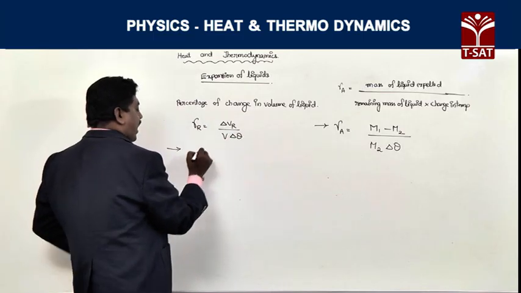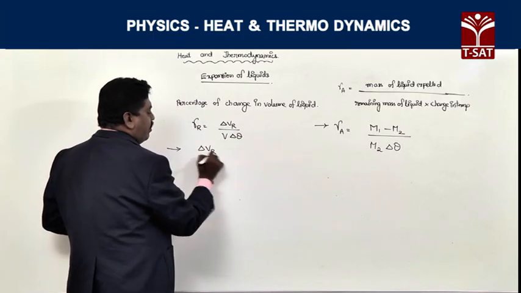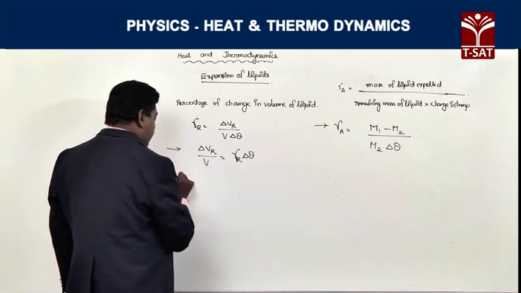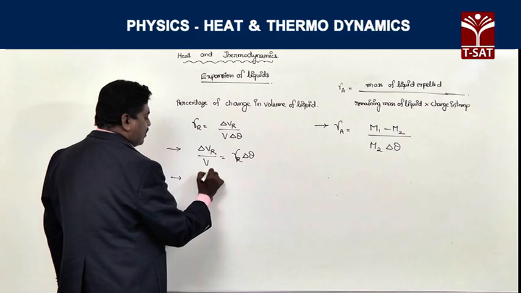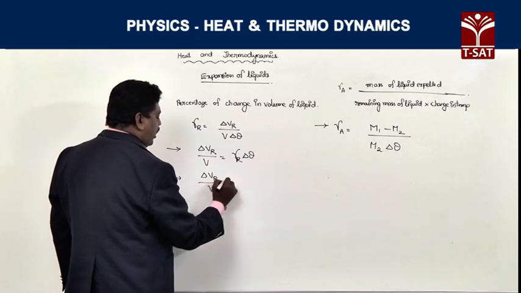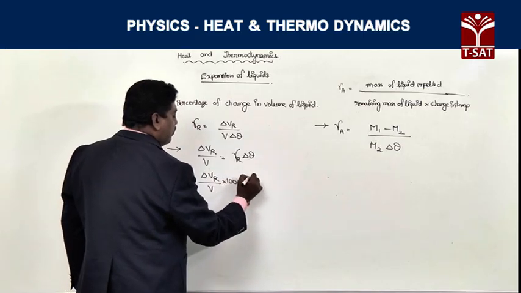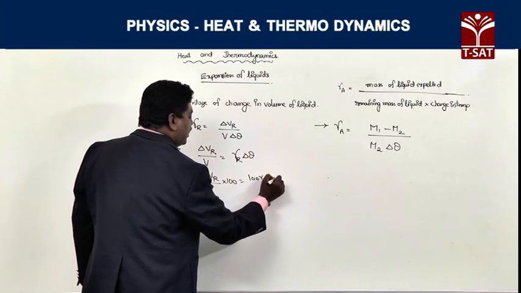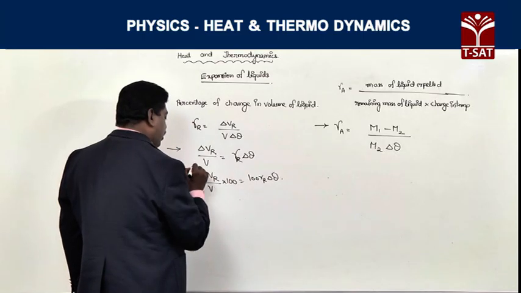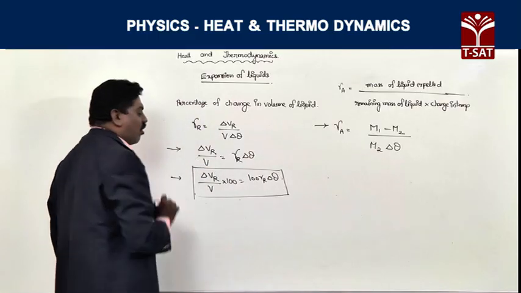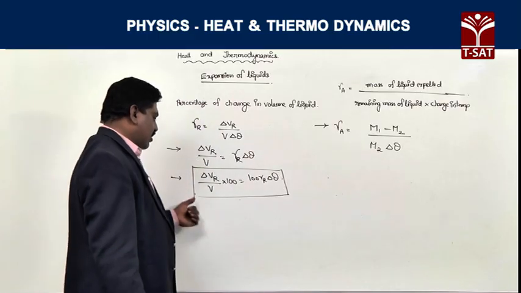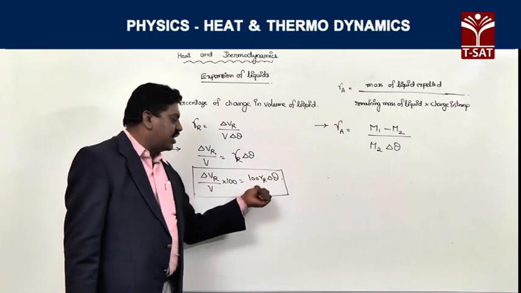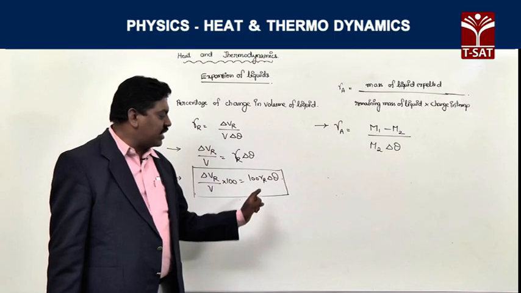This we can write as delta VR by V is equal to gamma R into delta theta. Multiplying by 100 on both sides, we get delta VR by V into 100 is equal to 100 gamma R delta theta. Therefore, the percentage of real increase in volume of the liquid is given as 100 gamma R delta theta.